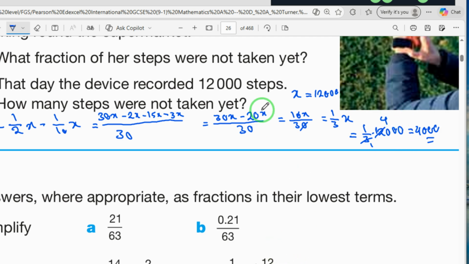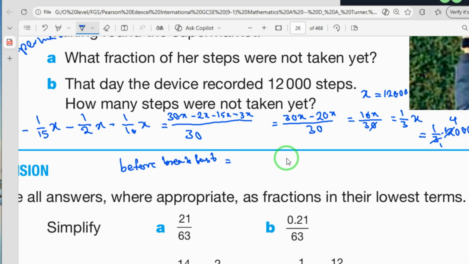Also we can calculate with all details. For example, before breakfast, its fraction was 1 over 15, multiplied by 12,000.